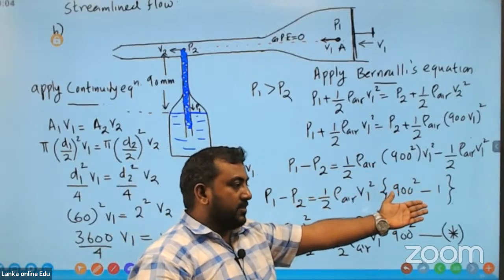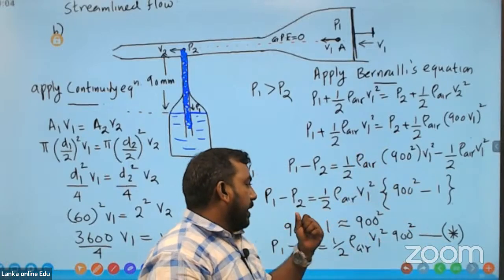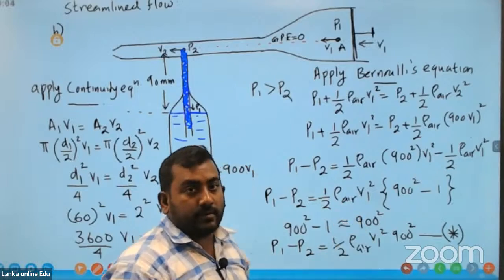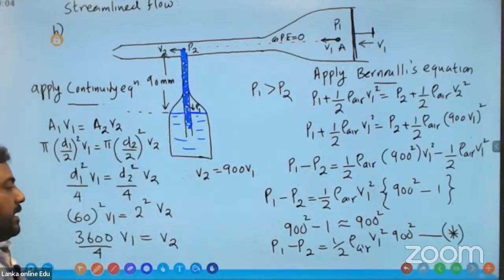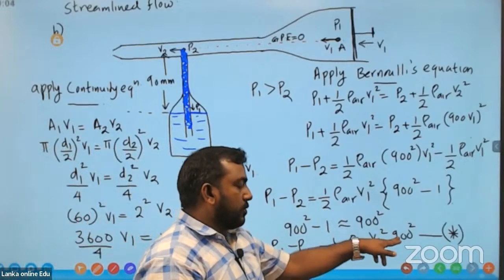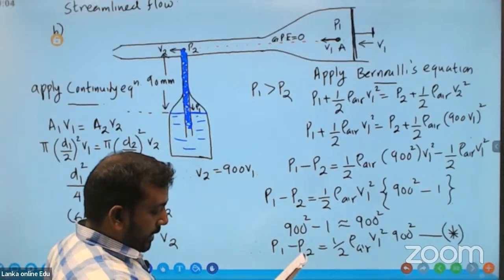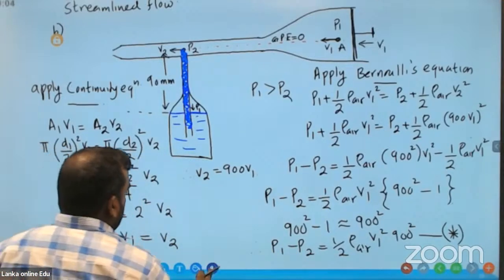It won't make much of a difference and it will complicate your calculation. 900 squared minus 1 is approximately 900 squared. Now what?